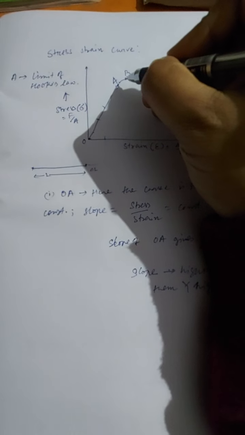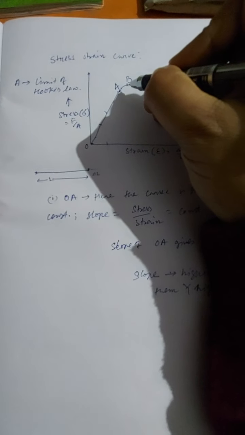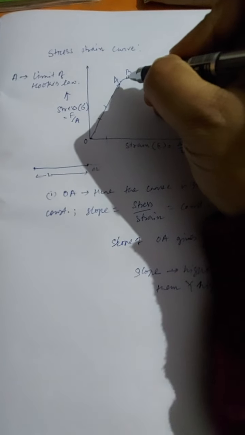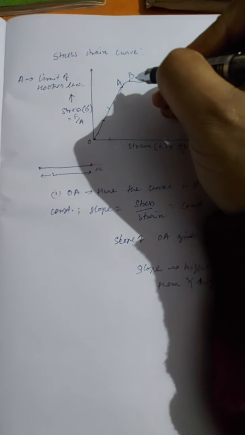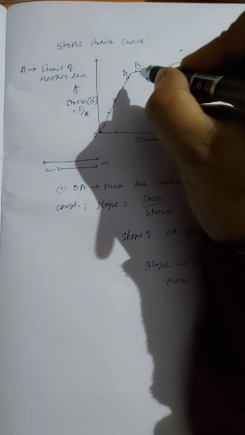So B is the limit till which the wire can get back to its original configuration when deforming forces are removed. Hence B is called the yield point or elastic limit.